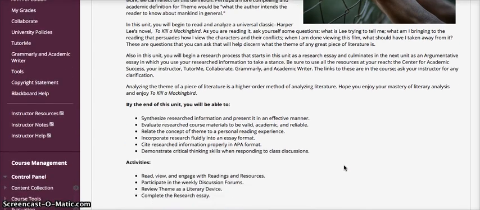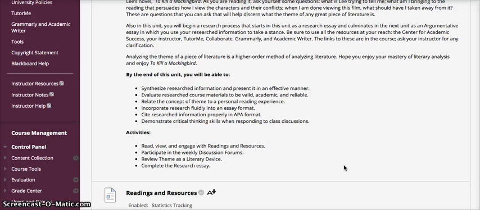By the end of this unit, you will be able to synthesize researched information and present it in an effective manner, evaluate researched course materials to be valid, academic, and reliable, relate the concept of theme to a personal reading experience, incorporate research fluidly into an essay format, cite researched information properly in APA format, and demonstrate critical thinking skills when responding to class discussions.